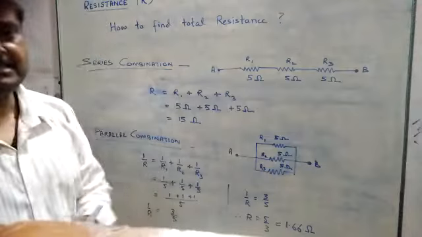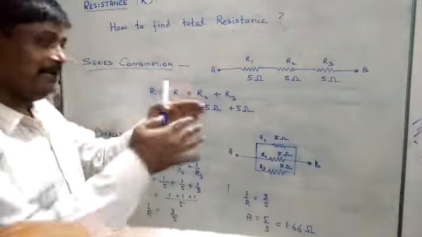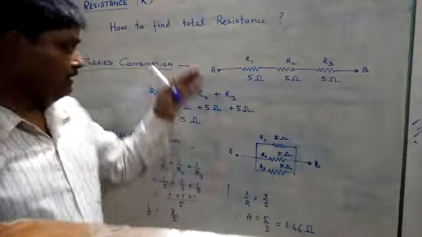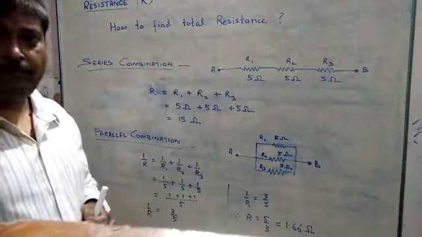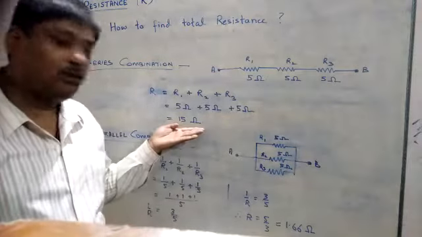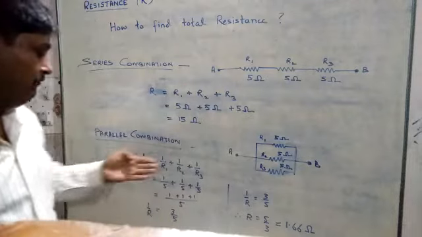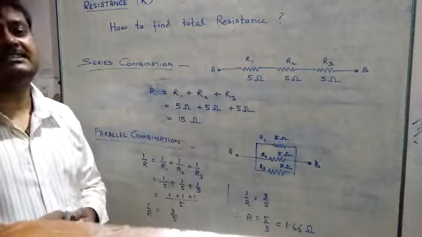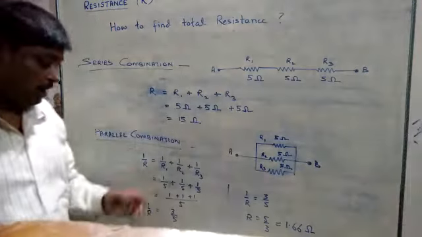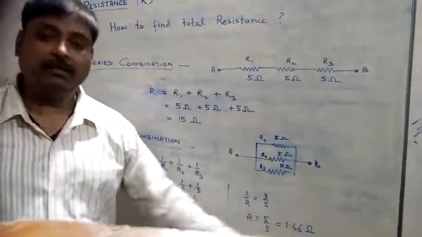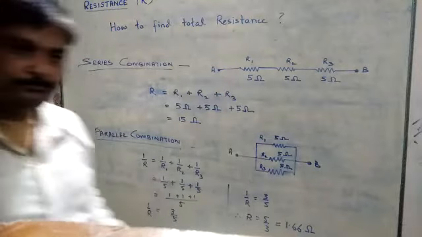So we can see that combining resistors in series gives more resistance, while combining the same resistors in parallel gives a total resistance that is quite less.